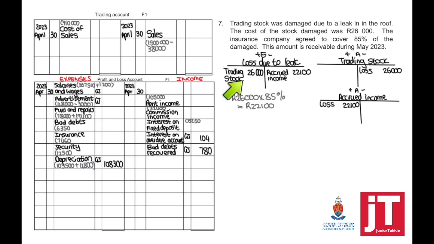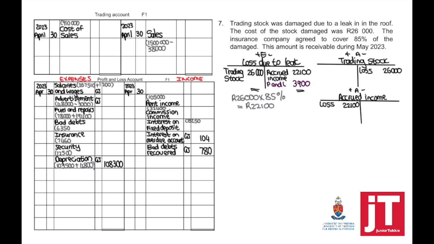If I now balance this account, which is closed off to the profit and loss account, it will show that our actual expense will only be $3,900 because the insurance company is going to cover $22,100 of the $26,000 which was damaged.